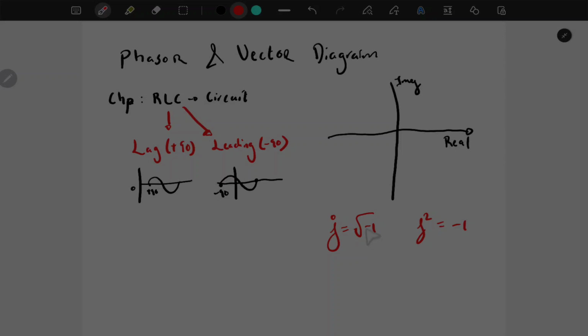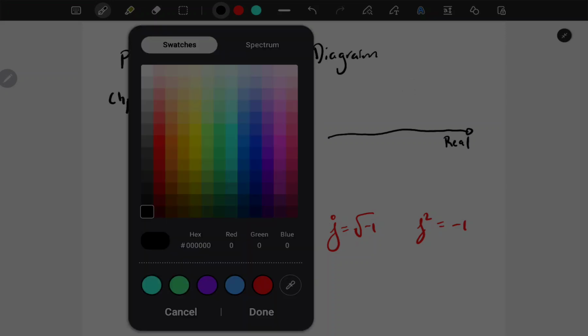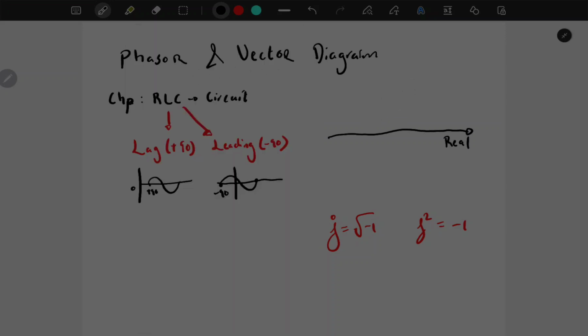Other than that, I don't want to go into details, it's going to confuse you. Just remember that this is an imaginary number. So coming back to this, all your real numbers are on the x-axis, and anything that goes to the y-axis is your imaginary numbers. That is one way of remembering your phasor and vector diagram. Just to understand that better, you have your real numbers and imaginary numbers.